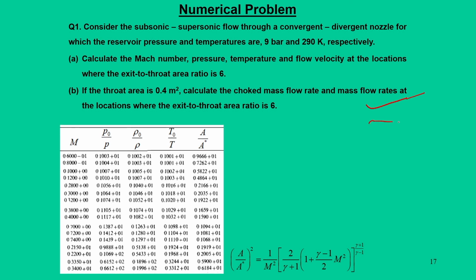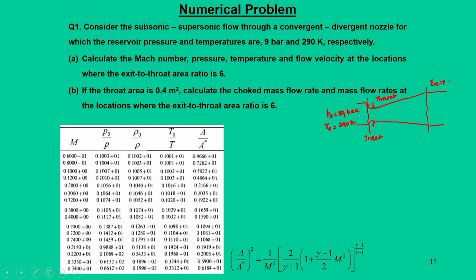The schematic is nothing but a convergent divergent passage which is supposed to look like a nozzle. We have three locations: one is the inlet, the throat, and the other is the exit. The initial conditions in the reservoir are given as P0 equal to 9 bar and T0 equal to 290 Kelvin.